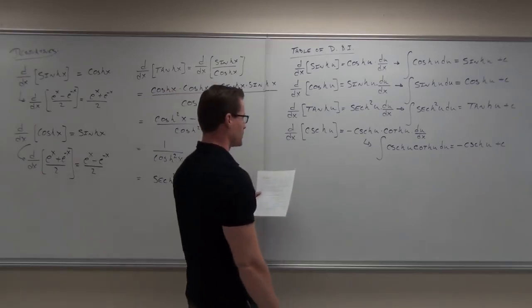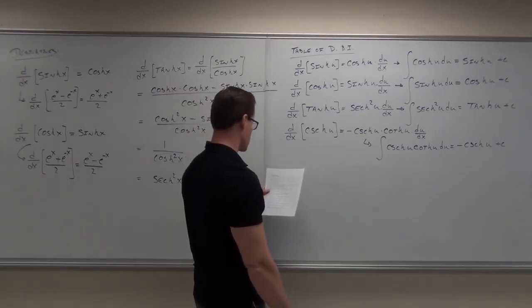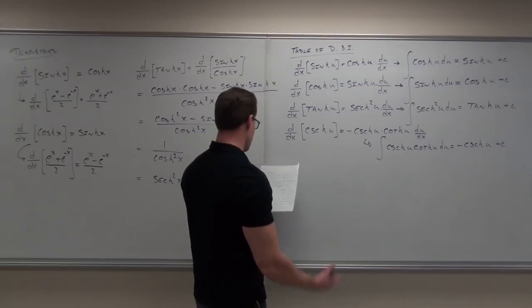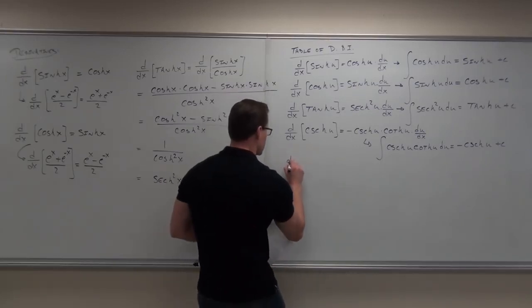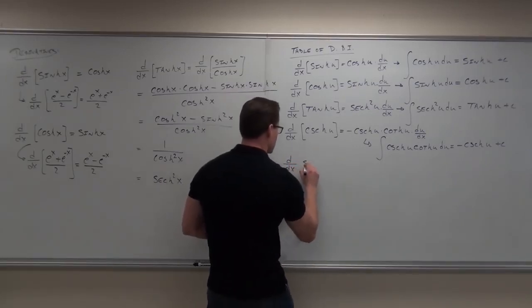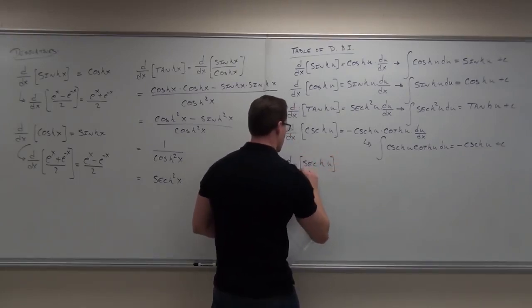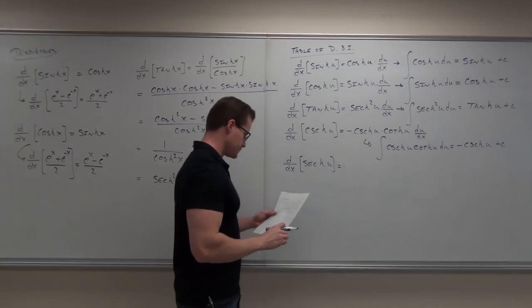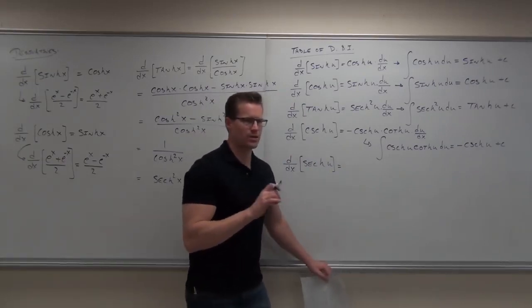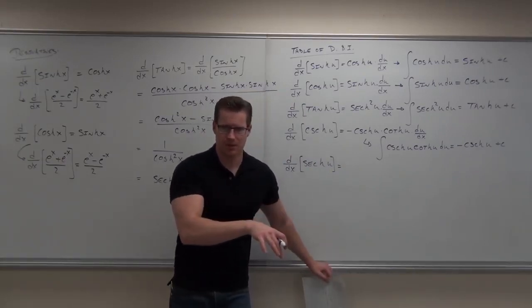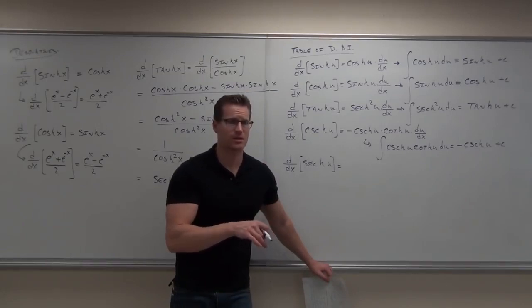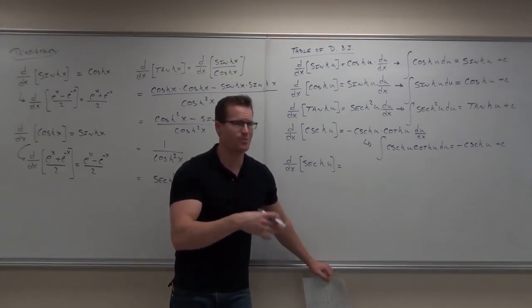Which one am I missing? Secant, okay, let's do secant. The derivative of a regular secant is secant tangent. The derivative of hyperbolic secant is hyperbolic secant, hyperbolic tangent, but it's negative.